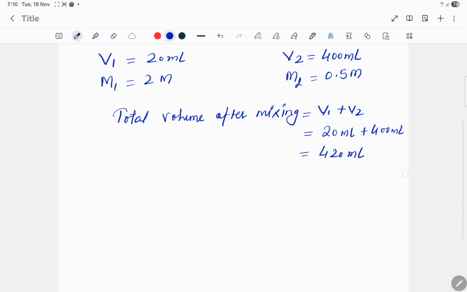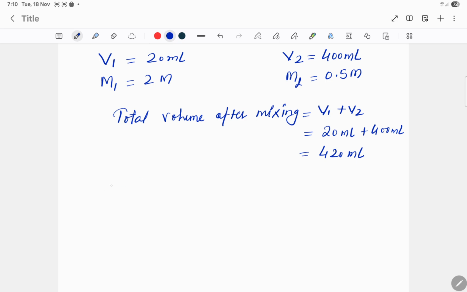So we are going to apply a formula for mixing of two different solutions with different volumes and different molarities, but the solute of the particular solution is going to be the same.